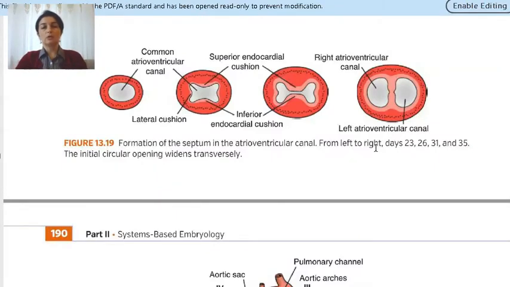Here we can see how the endocardial cushions develop, and actually in the atrioventricular ostium we have 4 endocardial cushions, right and left lateral cushions, and here we are looking at the superior and inferior cushions.